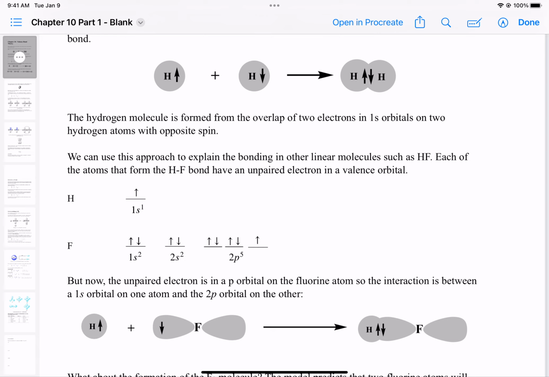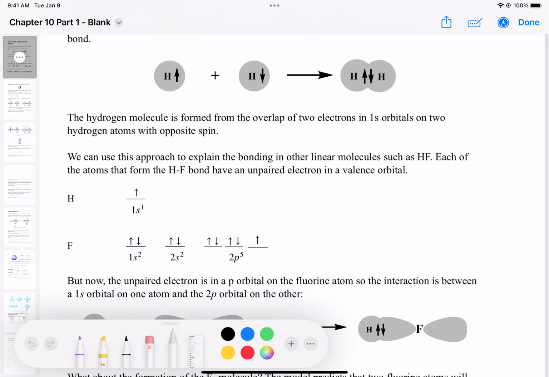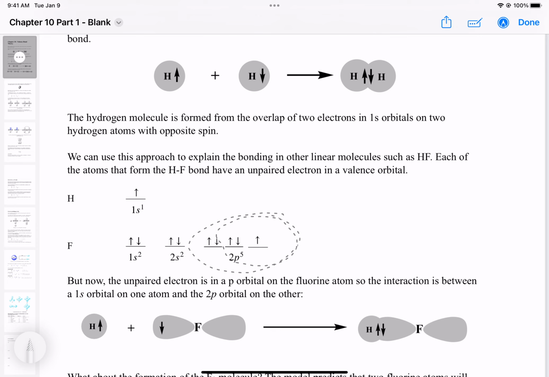So let's use this approach to explain other bond types. For example, HF. In this case, we have a hydrogen atom with 1 unpaired electron, and the fluorine atom has 1 unpaired electron in the 2p sublevel right here, as we can see in this little diagram.